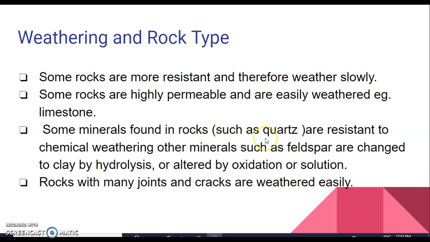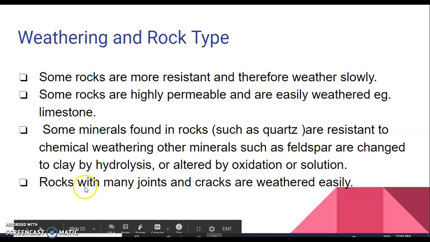Some minerals found in rocks are more resistant to chemical weathering. For example, the mineral quartz is resistant to chemical weathering, so you'll find that the rate at which weathering takes place would be slower, in comparison to other minerals such as feldspar, which are weathered easily due to the process of hydrolysis that helps to alter the chemical composition of that rock, resulting in its easy breakdown.